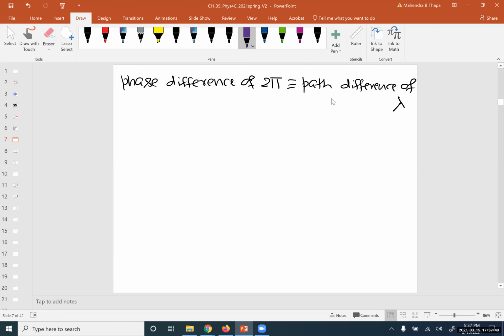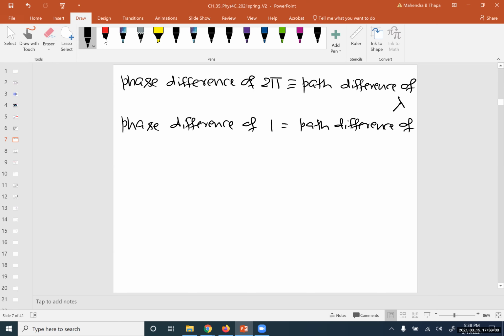Okay, in a similar fashion, we can say that a phase difference of 1 radian is equal to a path difference of lambda over 2 pi.